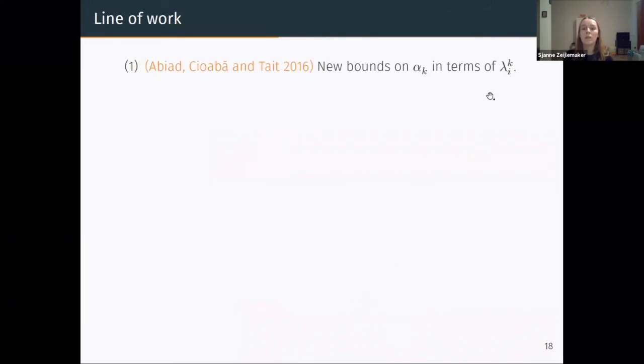So this paper is part of a trilogy. We had in 2016 some new bounds on alpha_k. And these bounds would always contain some term of an eigenvalue to the power k. So this raised the question, can we maybe generalize this? So can we replace this with some degree k polynomial?